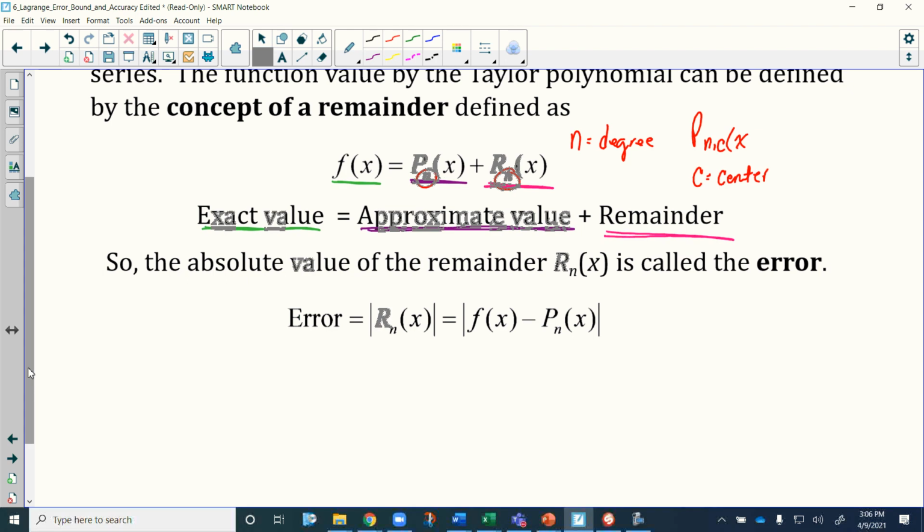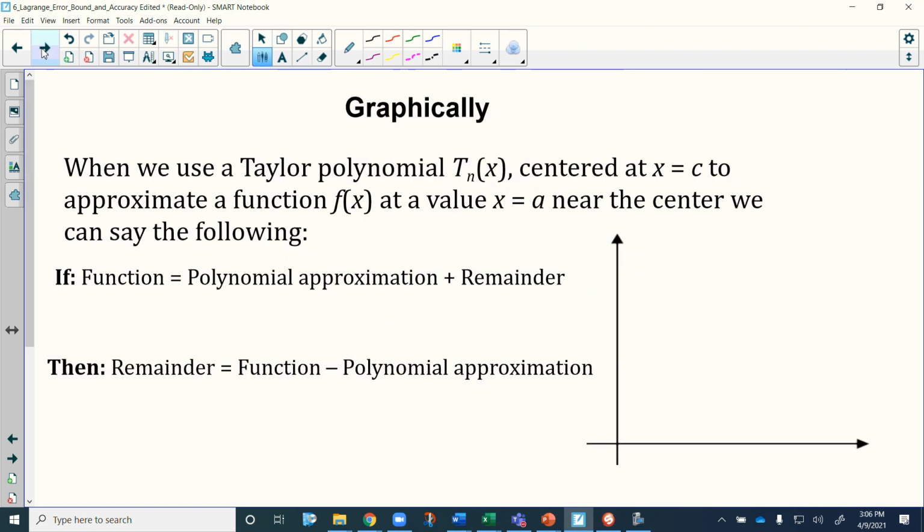Here, the error is going to be the absolute value of whatever the difference between the actual function was minus its Taylor polynomial approximation. And that makes sense. When we use a Taylor polynomial, and for some reason here they're switching to t instead of p, which is fine.